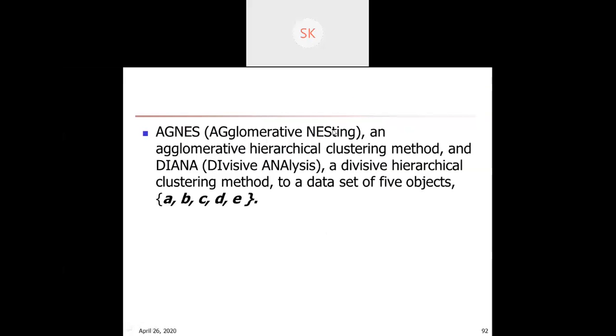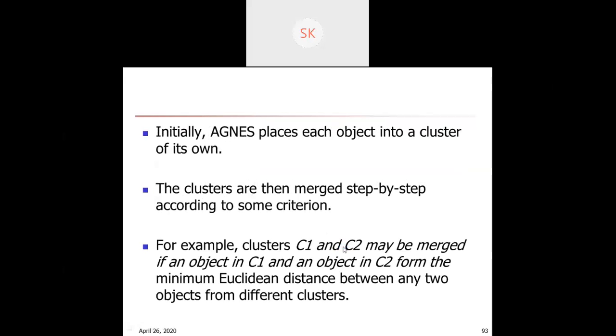Now, agglomerative, next, whatever approach we have seen. AGNES is one of the algorithms which uses this agglomerative bottom-up approach, an agglomerative hierarchical clustering method, and DIANA, the divisive analysis, is a divisive hierarchical clustering method, for a data set of 5 objects.